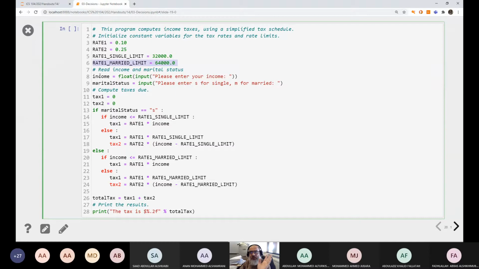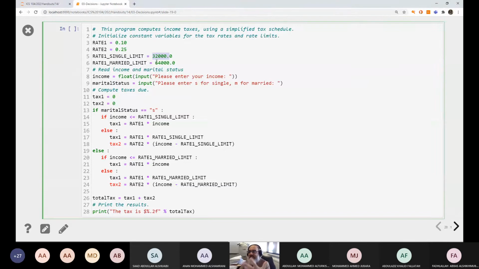Any questions so far? So why am I using these as constants, the 0.10 and the 0.25? Because I'm going to use them in the conditions, and they are fixed values. It would always be 10%, it will always be 0.25, and this is 32,000.